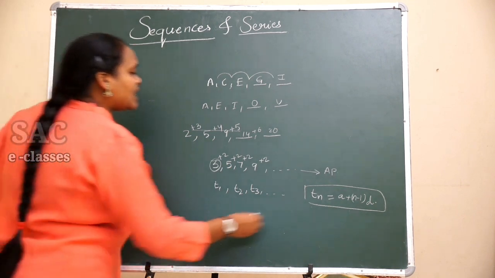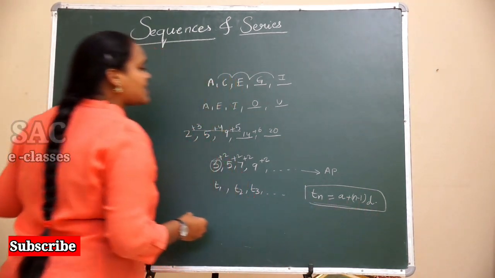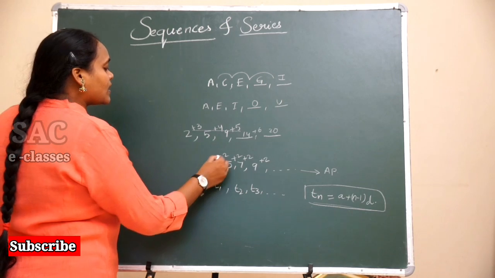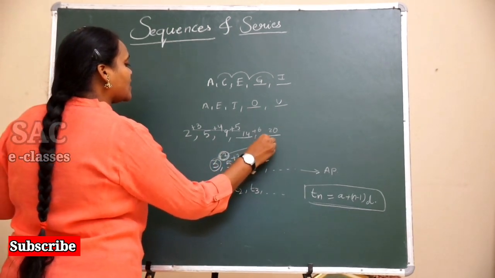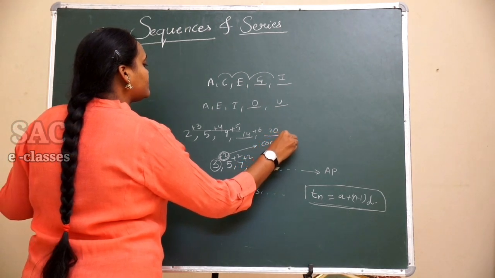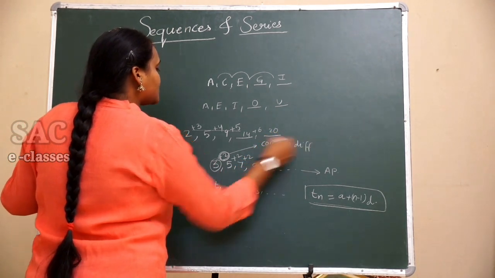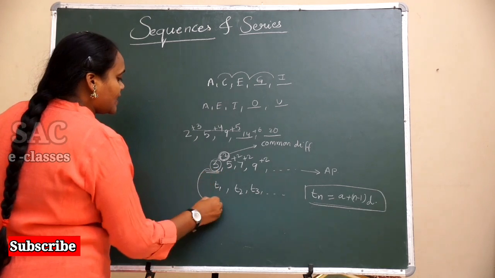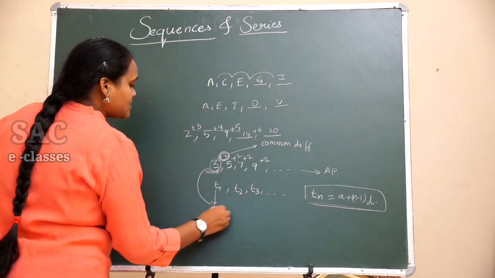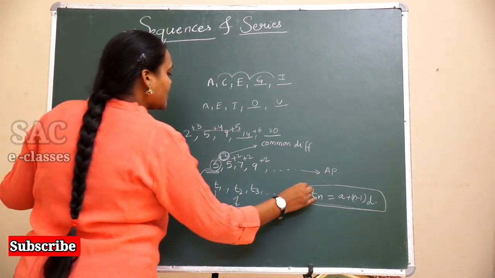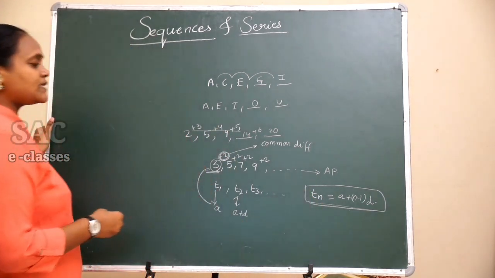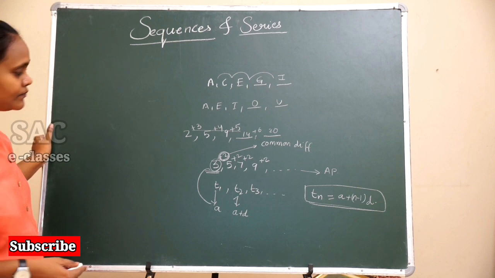Now, the general term of the AP is A plus n minus 1 into D. The common difference is nothing but the fixed number which we are adding. The first term of the given progression is called A. So the first term is A, the second term is A plus D, then the nth term is A plus n minus 1 into D.